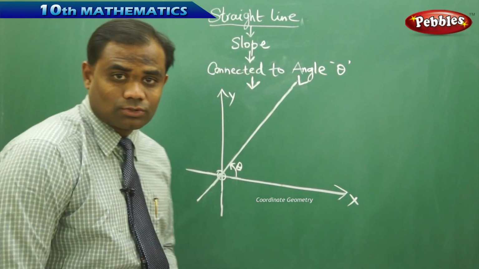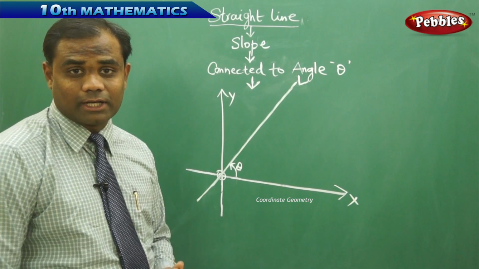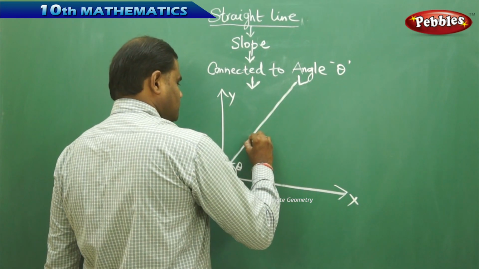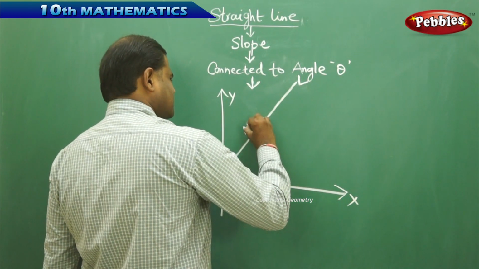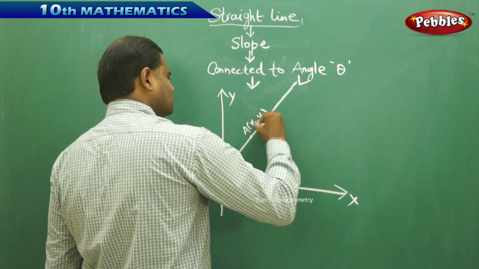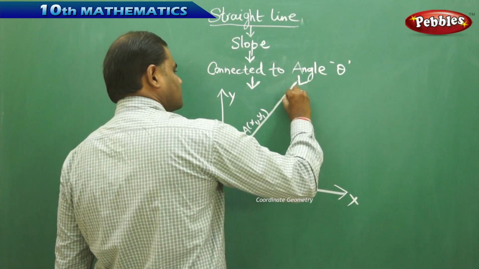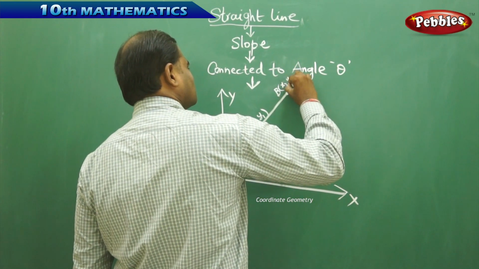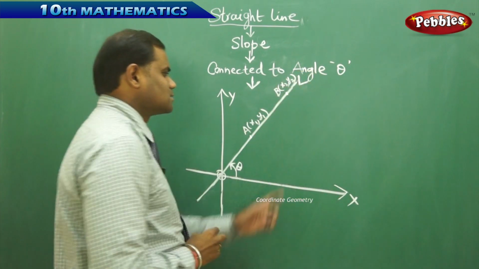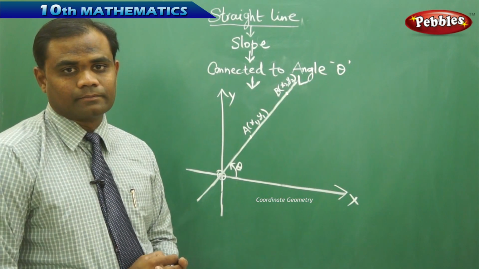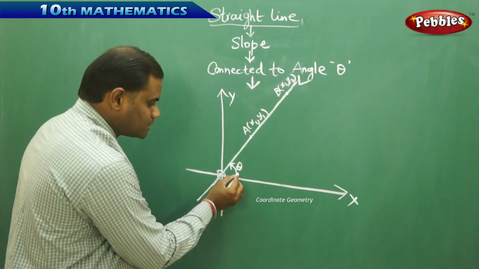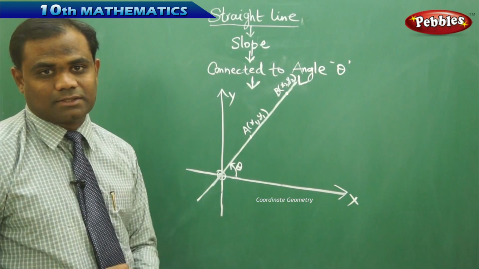So let's consider two points A and B on the line L. The point A, which is here, has coordinates x1 and y1, and the point B with coordinates x2, y2 is on the line L here. Now I wanted to find the slope connected with the angle theta which it makes with the x-axis.